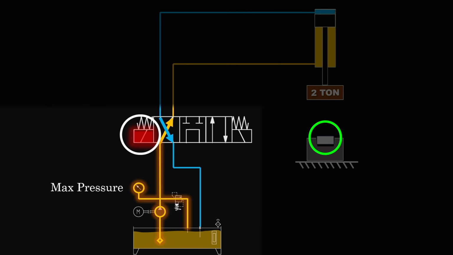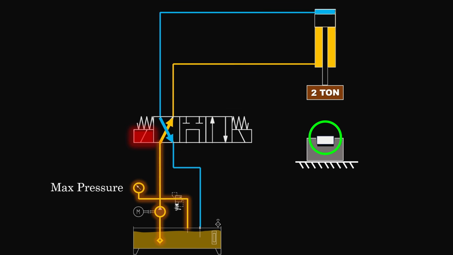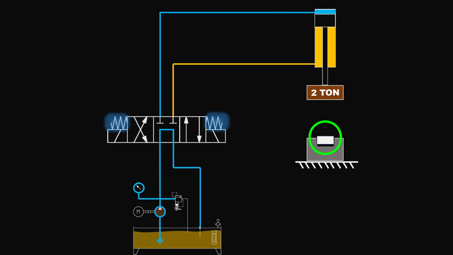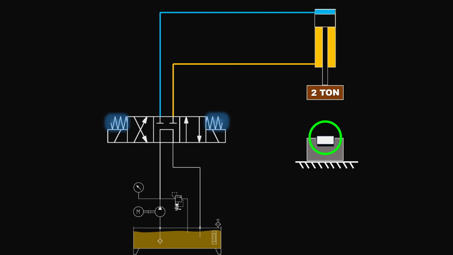That will keep consuming higher electricity and also the oil will get heated. So we will have to put the valve in neutral position. Now you can also say, why not just turn off the pump and the machine? In that case also, none of the solenoids will be activated, so the valve will shift to neutral position.